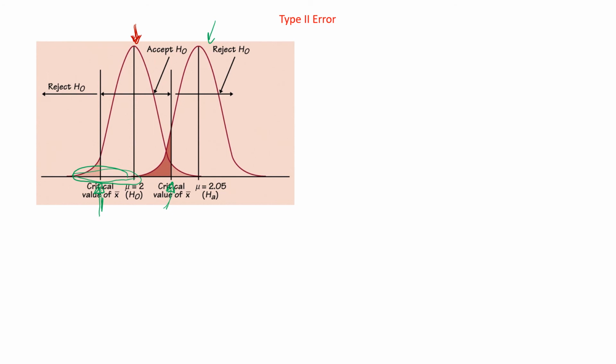So we don't even need to worry about that one. But we find this value, and then from there we have to use the second curve and figure out what's the probability that it's going to be in this area over here.